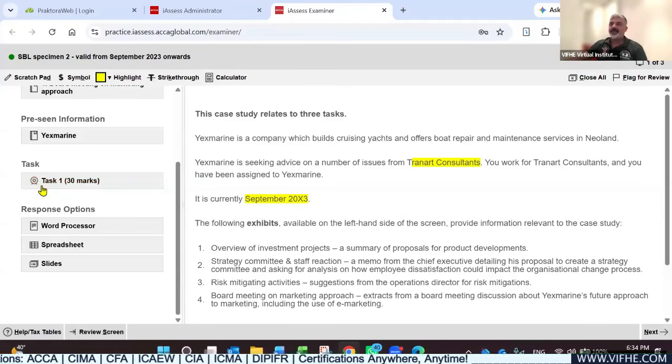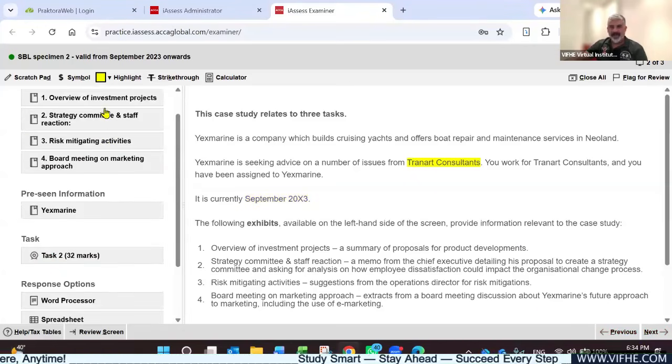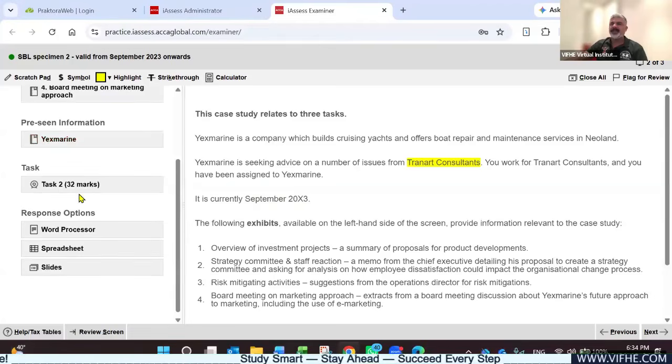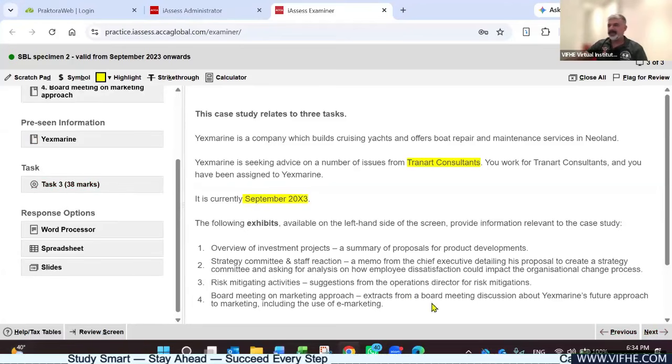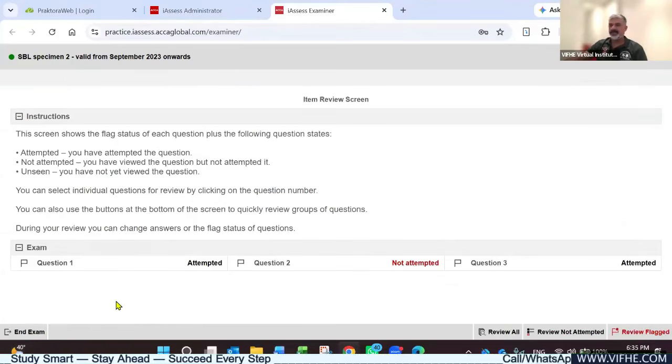Where is task number two, guys? Yes, you have to go to the next page. You see on the bottom right, there's a next, and you press next. Everything will be the same, but the task will change. And again, next, you will go to task number three.